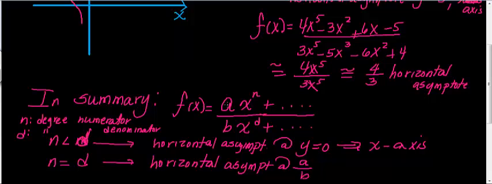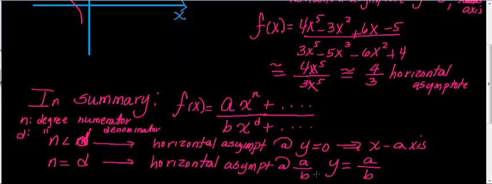A would be the leading coefficient for the numerator. B would be the leading coefficient for the denominator. So a over b, because these two would cancel out if the exponents were equal. And we're only looking at the leading term because those are the values that are so big. The rest of it doesn't matter. So my horizontal asymptote would be y is equal to a over b.